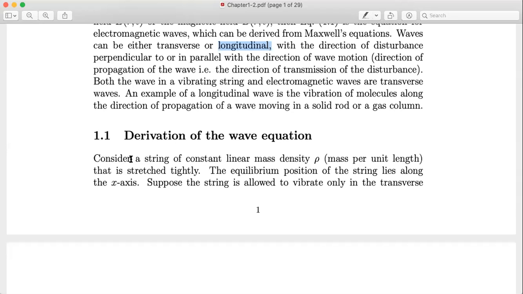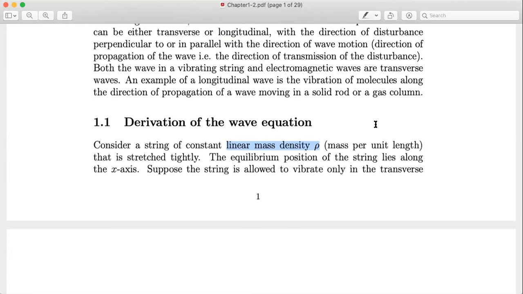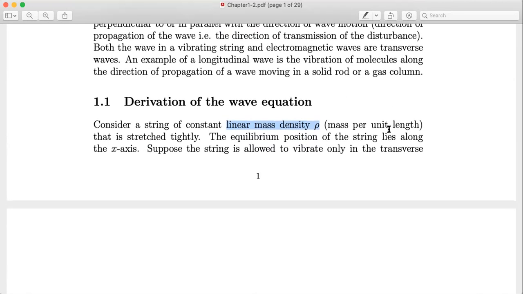So we consider a string, okay, one-dimensional. This string has constant linear mass density, that is mass per unit length, denoted with this symbol rho. And the string is being stretched, it's under tension, okay? And in equilibrium, when you don't disturb the string, it lies along a certain axis.